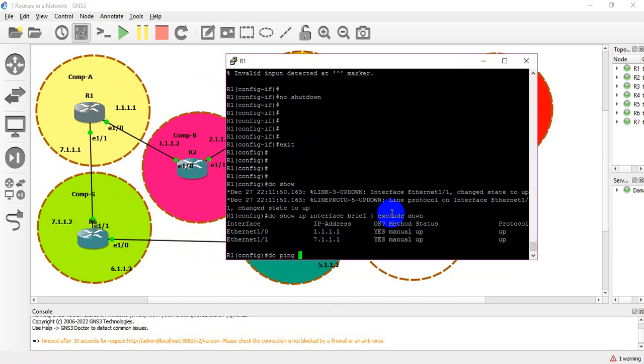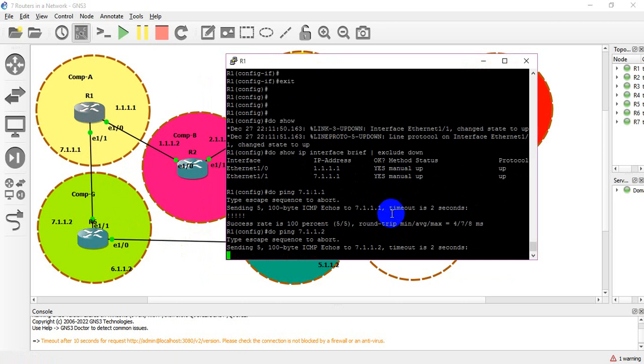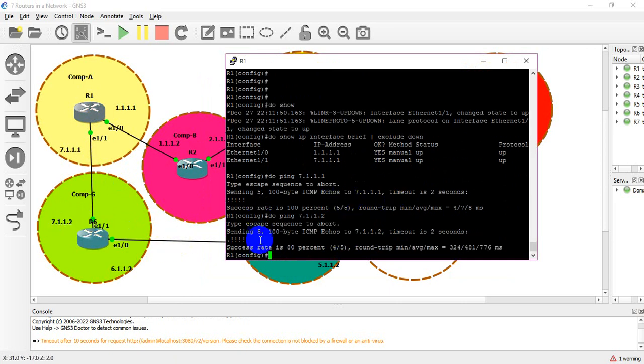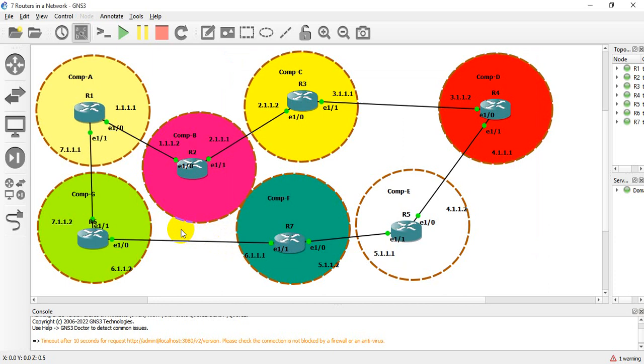Let's now ping it again. Do ping. Yes, it can ping its own port, and it can ping its connected port as well, like you can see here. But if I want to ping another port in the whole network, which has different networks, so it is like an internet topology, because internet means a network which consists of different networks.